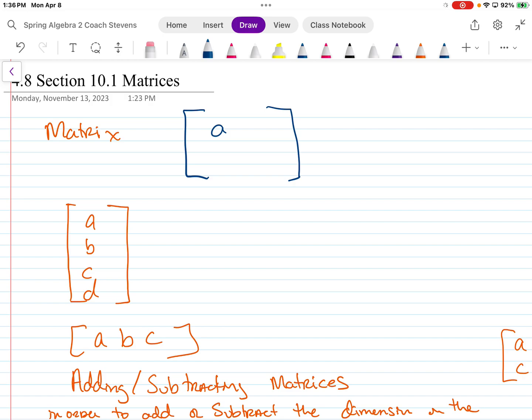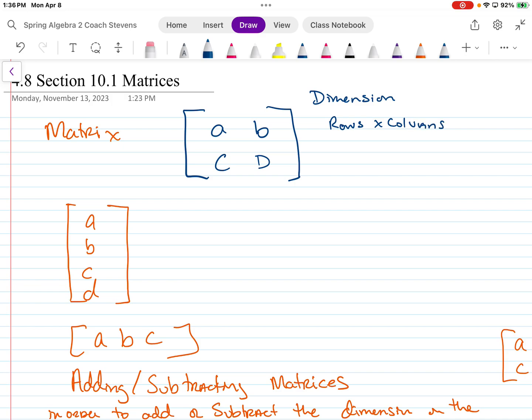So I'm just going to create this little matrix here and put the letters A, B, C, D in there. And what we have to be able to do for some parts is describe the dimensions of our matrix. The dimensions of our matrix is basically the number of rows by the number of columns that you have.